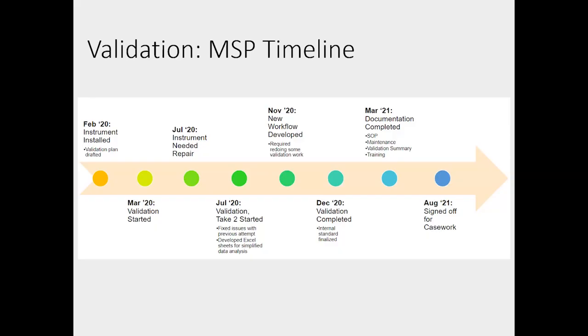And so we were able to run a whole bunch of the sections of the validation. And then in July, we realized that there was a high voltage leak that was causing the mass to charges to drift a little bit. So that was repaired, and then we had to repeat some of the validation because it did affect the accuracy of the instrument.